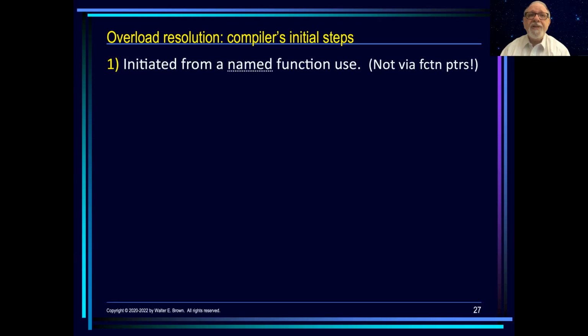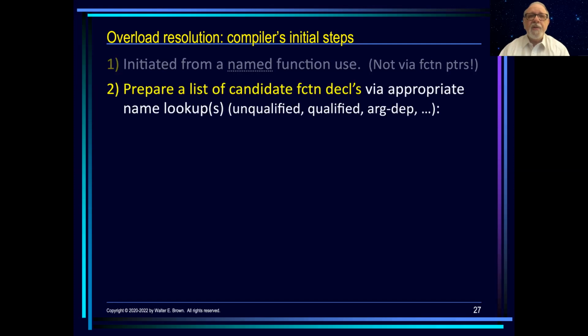Overload resolution is initiated from a named function use. If you're calling via function pointers, for example, there's no need for overload resolution. We're already pointing at the function we intend to call. It's when we have a name and there are multiple declarations for that name that we have to go through overload resolution. So what does the compiler do? Well, initially, it prepares a list of candidate function declarations.